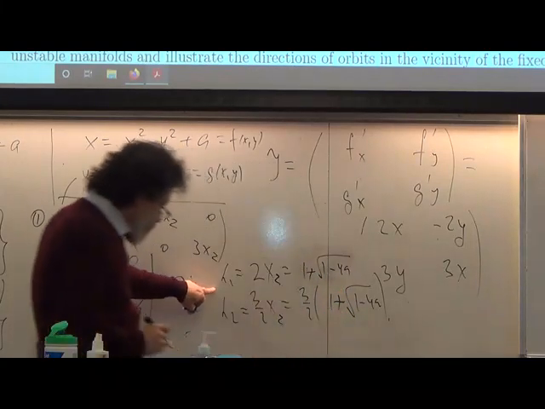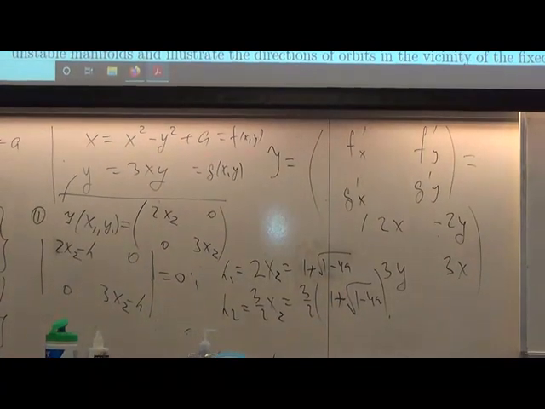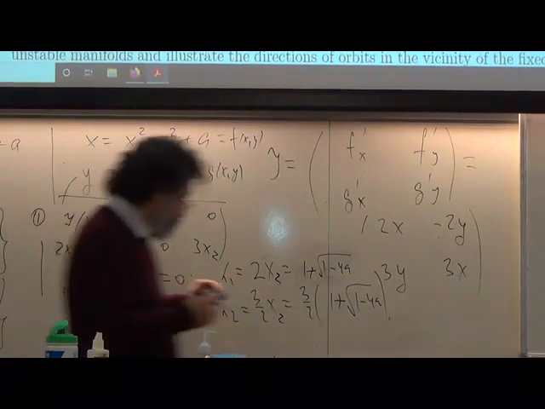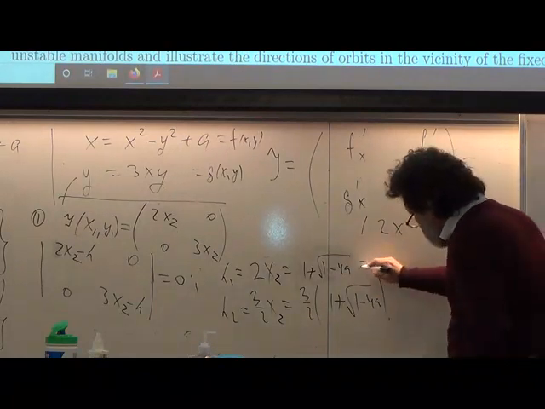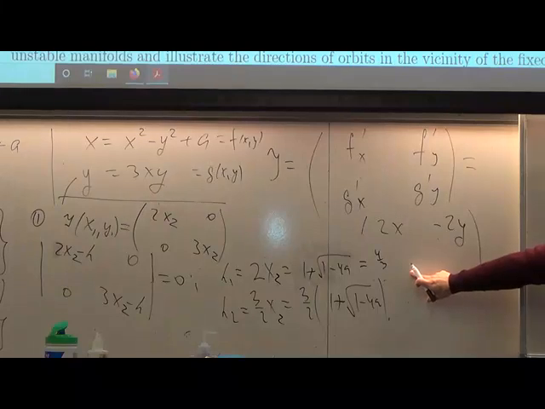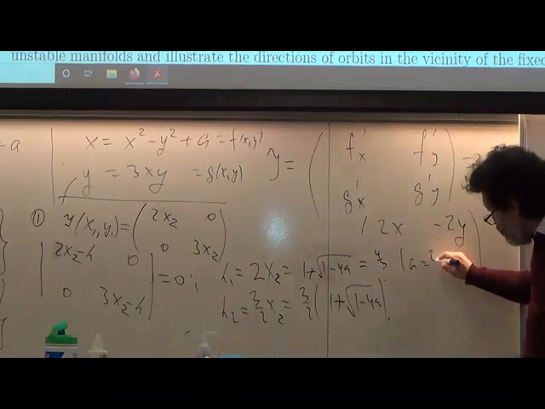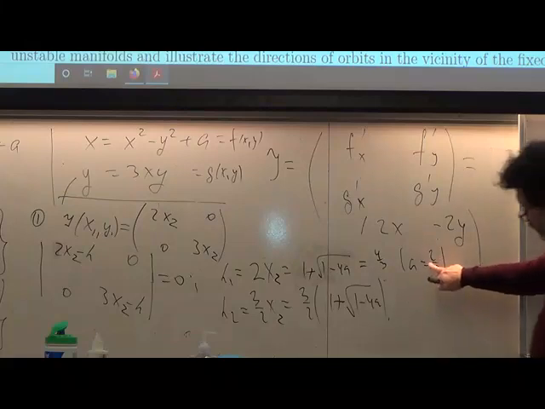Plus. Lambda 1 equals what? It is 4 over 3. Yeah? Am I right? Can you check it? So a is 2 over 9.